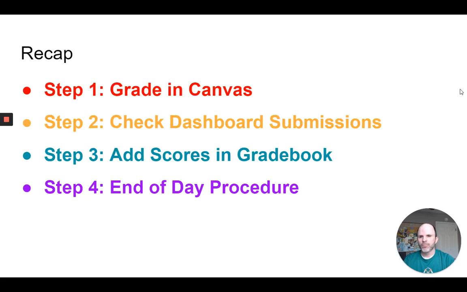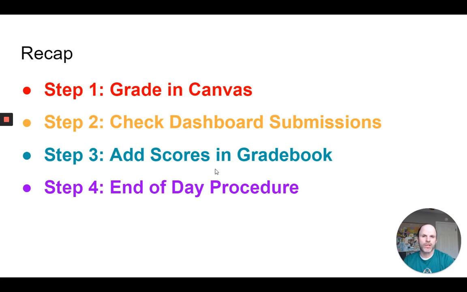So just to recap, what are the steps that I recommend for a grading workflow? Step 1 would be to grade in Canvas using the Easy Speed Grader. Step 2, check the dashboard for any late submissions from students or assignments that you maybe have forgotten or are not aware that the assignments have not been graded yet. Step 3, add scores manually into the gradebook.